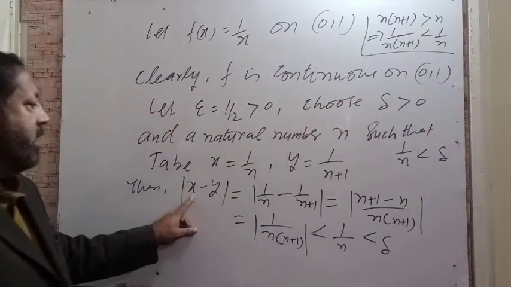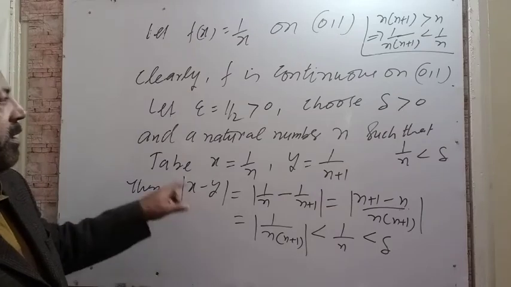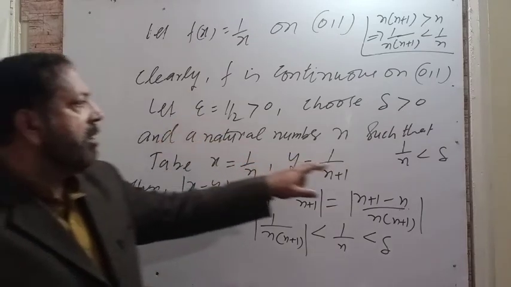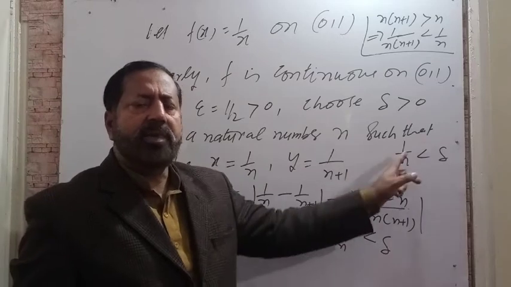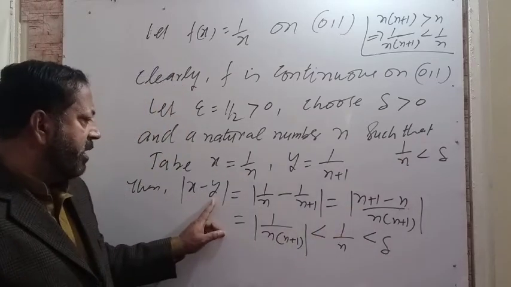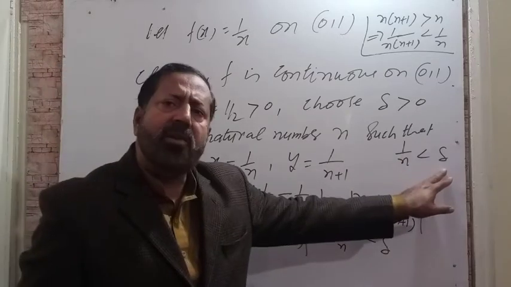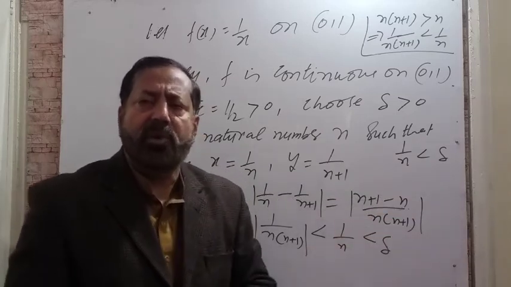So you see that you have chosen these points in such a way that |x - y| is less than delta, where delta is arbitrary and of course a small positive number.